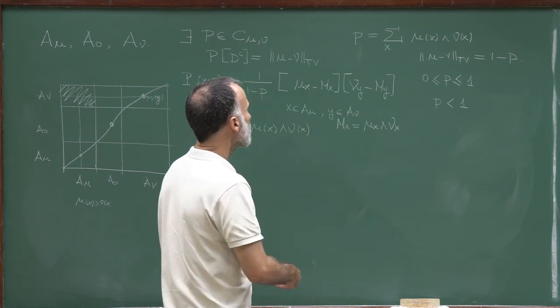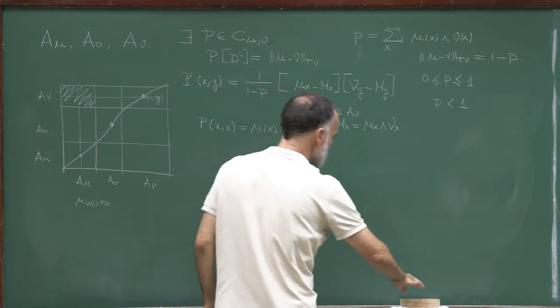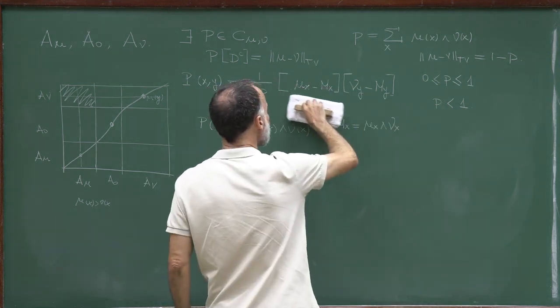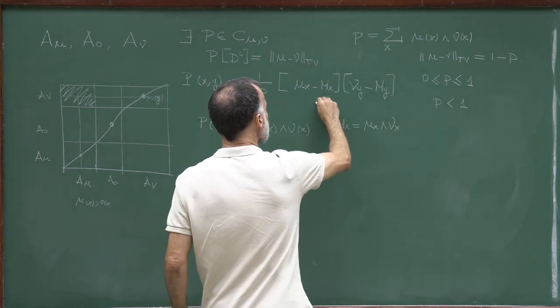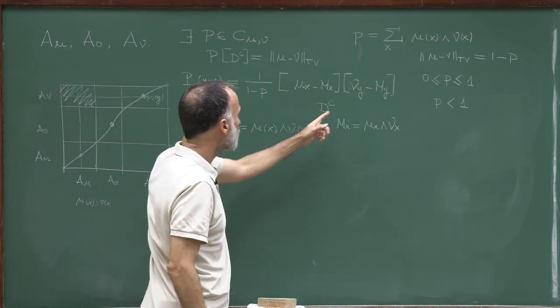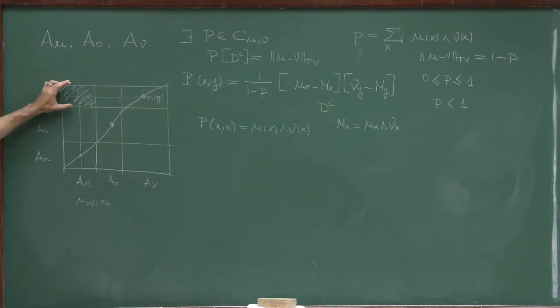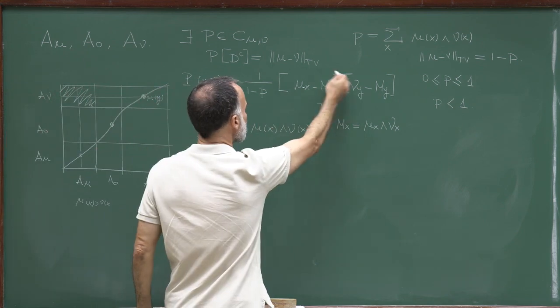And on the other hand, if y does not belong to A nu, this difference is 0. So actually, I can just extend this definition to the whole complement of the diagonal, but this is 0 at all points except on the pairs x, y at which x belongs to A mu and y belongs to A nu. Otherwise, this quantity is 0.